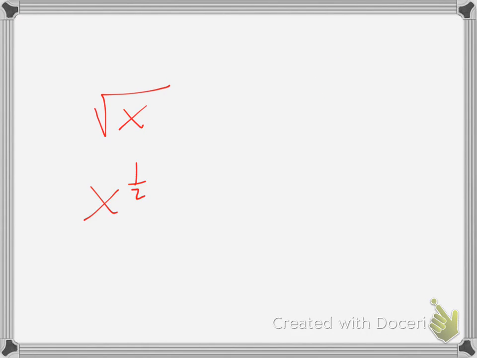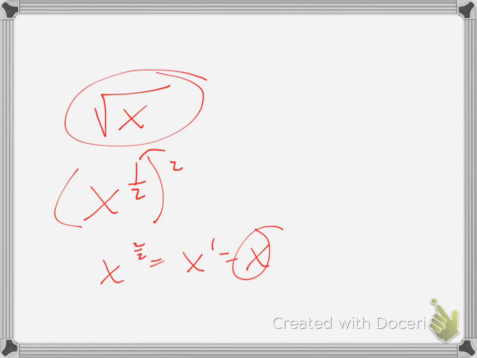Now, if I square this, I know that my exponent rules say I need to take that exponent times that exponent. 2 times 1/2 is 2 over 2. 2 over 2 reduces to 1. x to the first is just x. So now I have gone from the square root of x to just x, and I did that by squaring. And the rational exponents help us explain why that works.